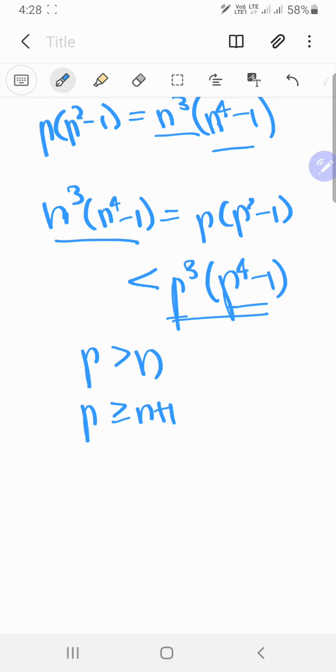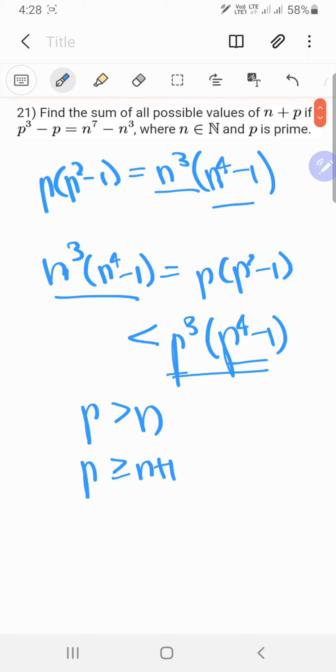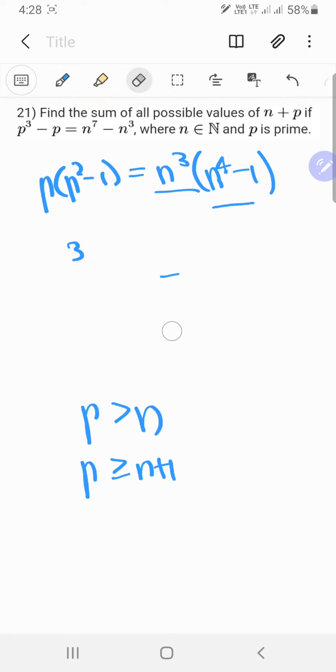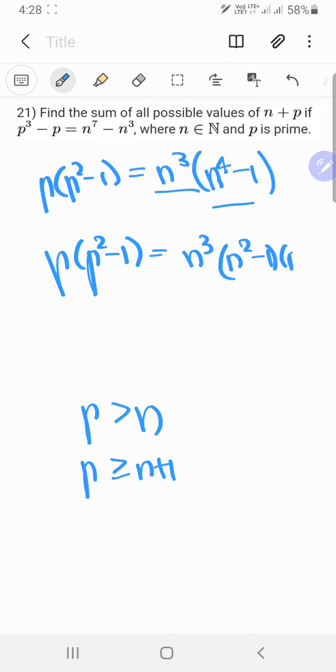But it also tells me another thing, that p cannot divide n minus 1 as well, right? And what that means is that I'm going to write p squared minus 1 is equal to n cubed, and then this n to the power 4 minus 1 is n squared minus 1 into n squared plus 1, which is n cubed into n minus 1 into n plus 1 into n squared plus 1.